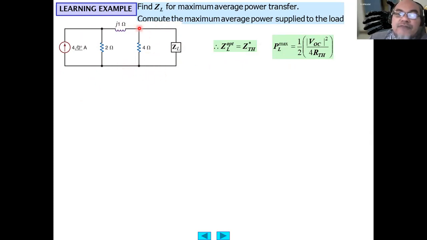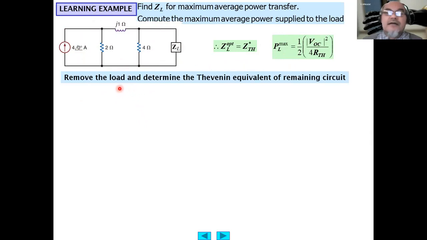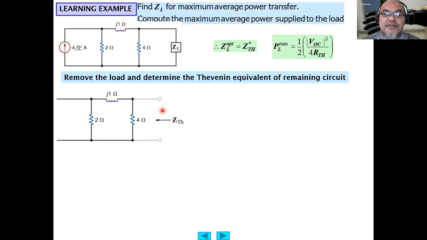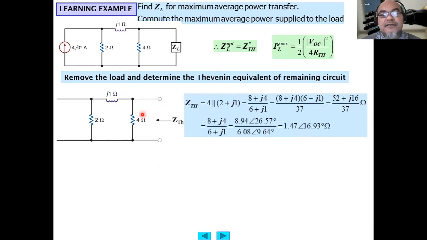So first we have to find the equivalent Thevenin voltage source VTH and the equivalent Thevenin impedance. Remove the load here first, and determine the Thevenin equivalent of the remaining circuit. For the ZTH, the current source becomes open circuit, right? So the ZTH is seen from this terminal. This one is in series.